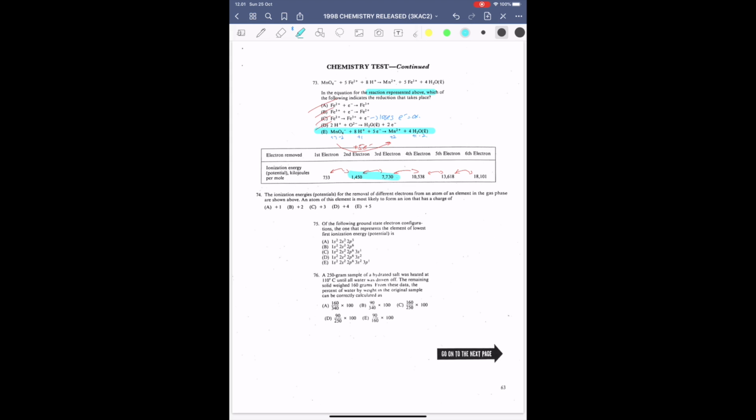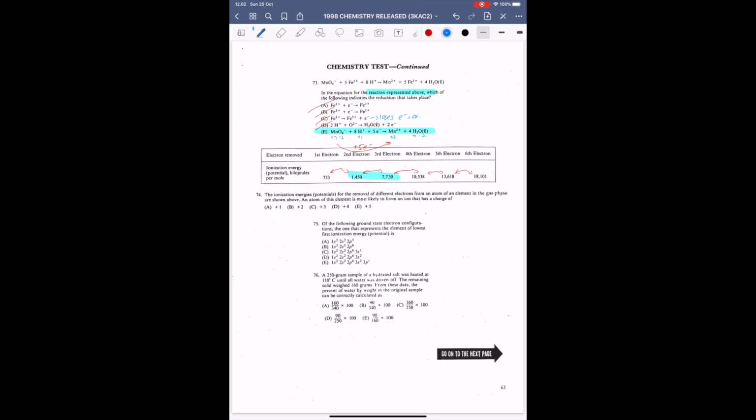Between the second and third electron, there's a huge jump in the ionization energy. So that probably represents that as the second electron is removed, it moves on to a whole new shell, which dramatically increases the ionization energy, because obviously an atom with a full shell has more ionization energy than an atom with, let's say, 1 or 2 valence electrons.